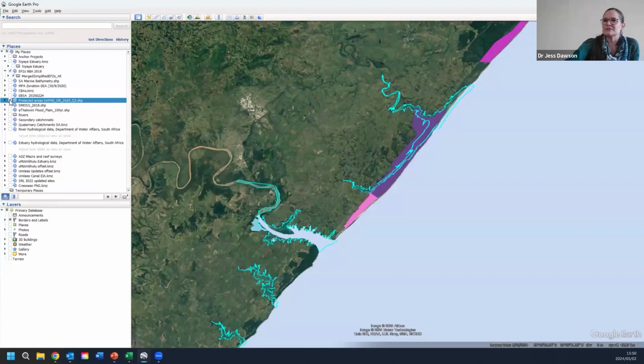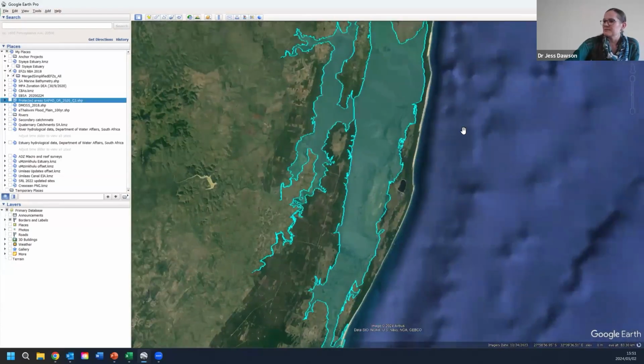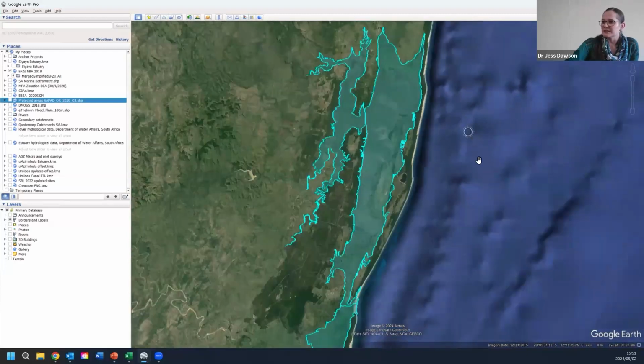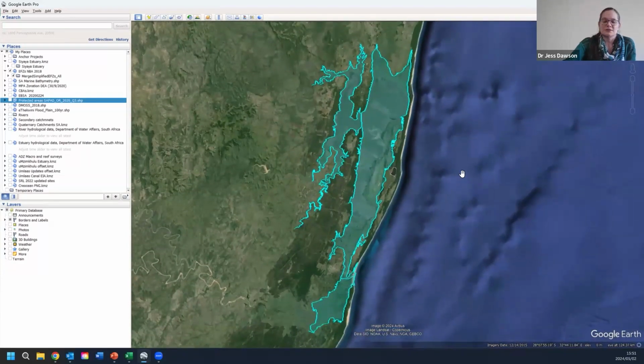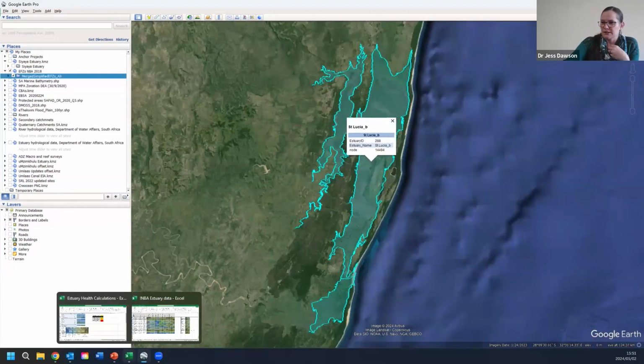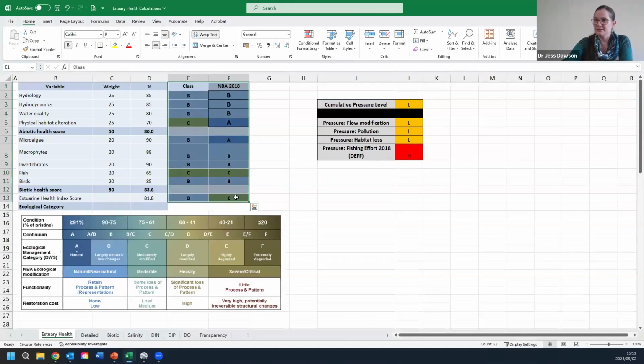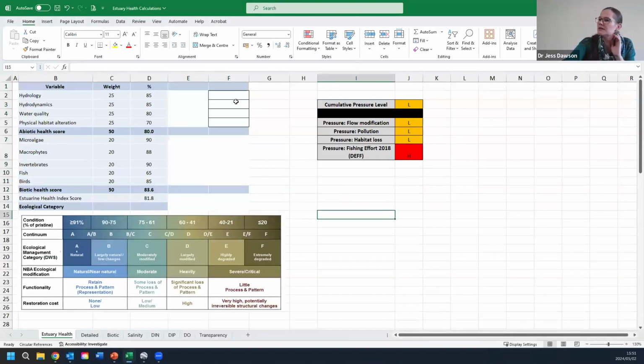So let's turn off. So here's our biggest estuary in the country. And we're going to go and delete these and go back again.